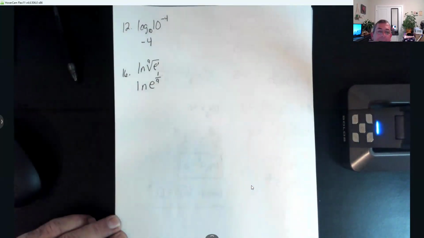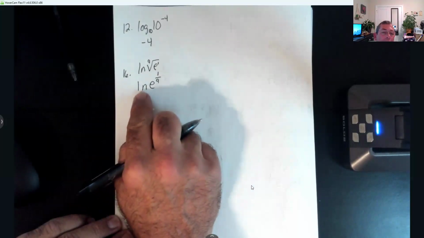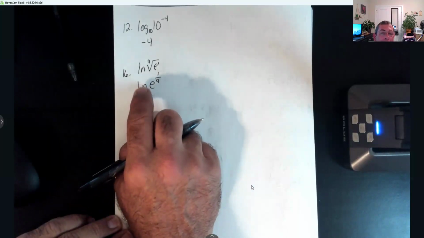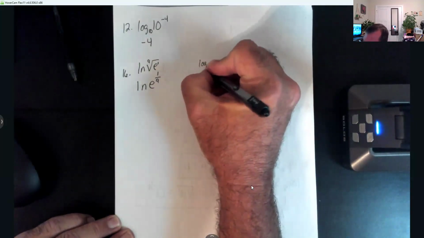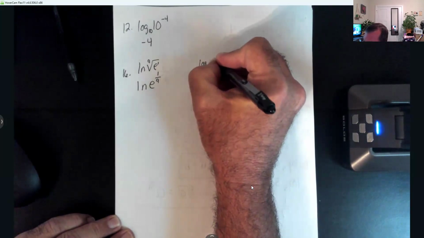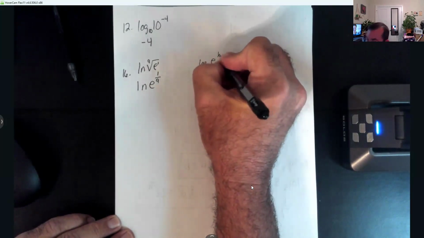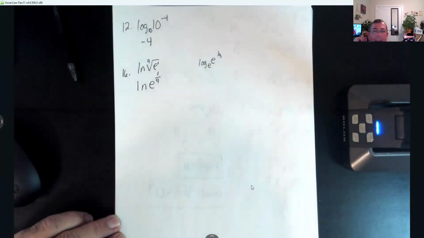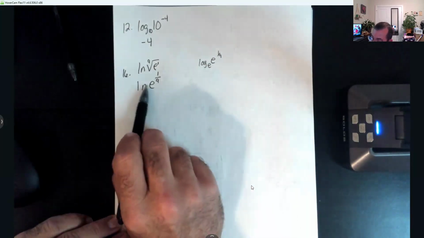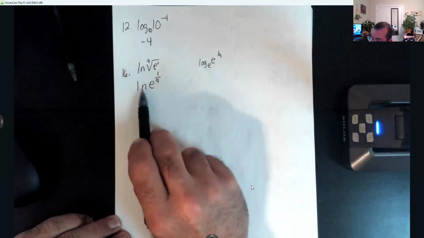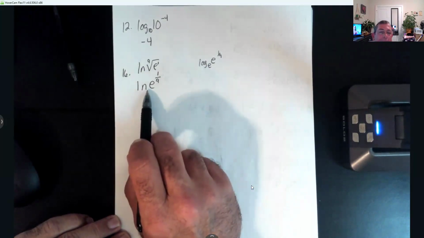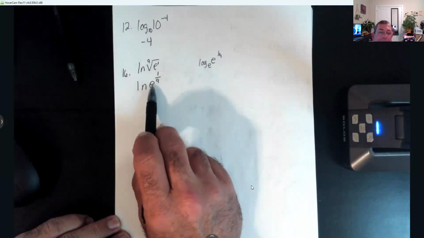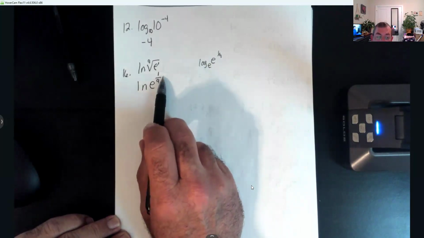So I put a 9 there. Also remember, ln is really a log base e. So this is really log base e of e to the 1/9. What will that give us? And sometimes if you just write this out, you remember that it's a log base e. So I got a base that matches the base raised to an exponent.